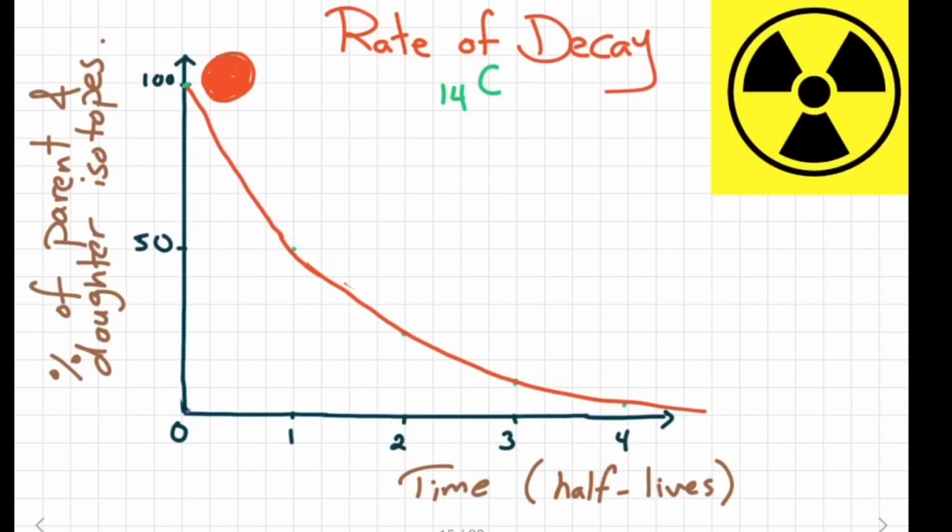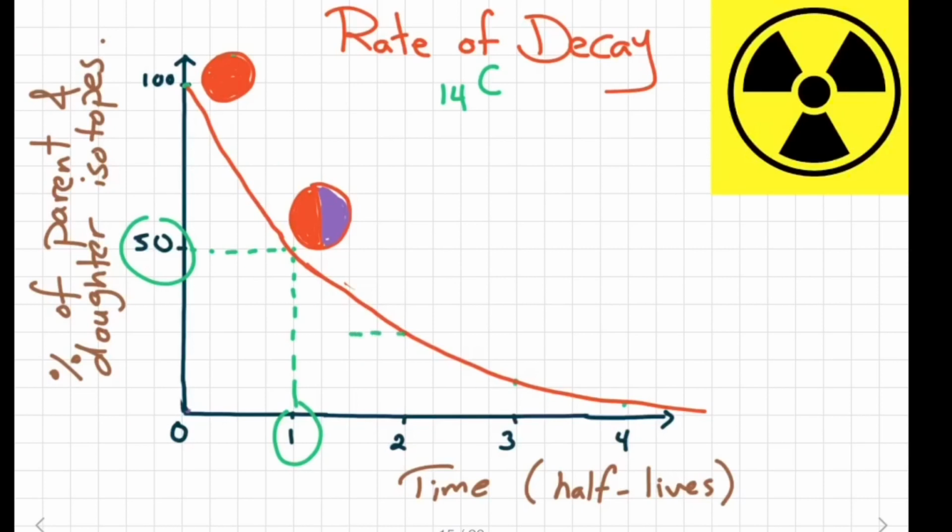When the sample or organism is still alive, the percentage of carbon-14, the parent isotope, is going to be 100%. And when we as scientists test the sample and find that there is only 50% of carbon-14, the parent isotope, and 50% of nitrogen-14, the daughter isotope, this indicates that one half-life of carbon-14 has passed.